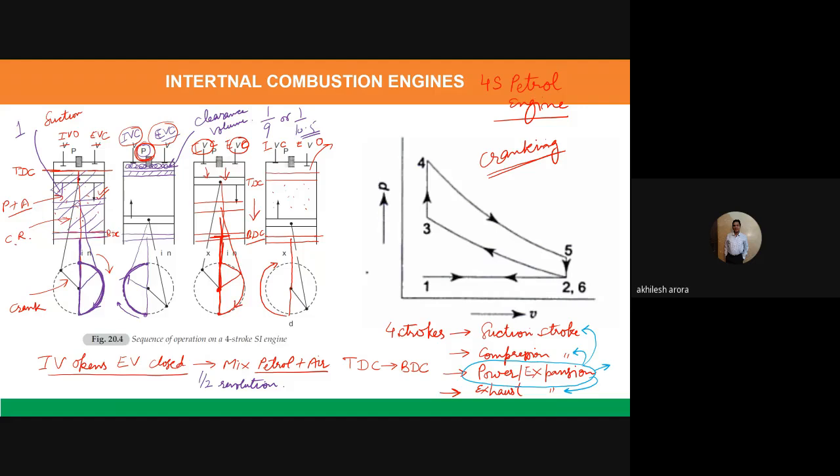Now, I talked only about a petrol engine. The difference between a petrol engine and a diesel engine is that in case of a diesel engine, in place of this spark plug, we have an injector. The injector is used for injecting the diesel.